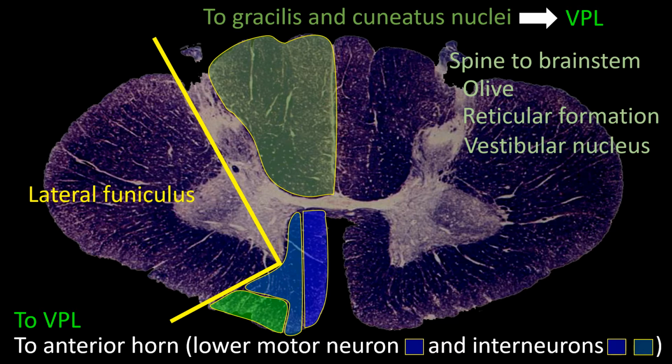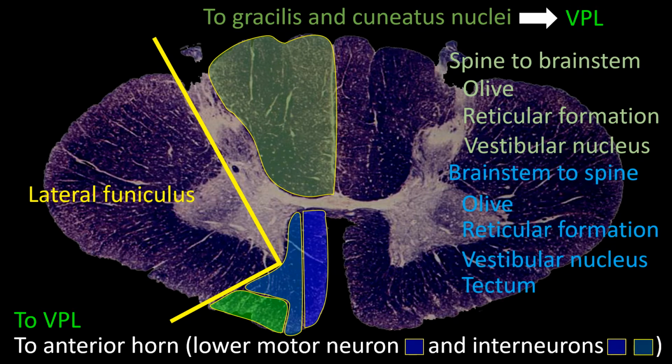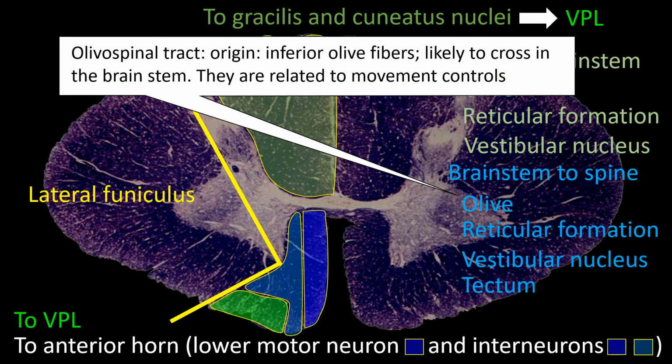The descending fibers that make contact with interneurons are those from the pyramidal tract that we have just mentioned, as well as those that I am about to mention. These brainstem to spinal cord tracts arise from the inferior olive. The fibers from the inferior olive cross in the brainstem and descend only as far as the cervical spine.